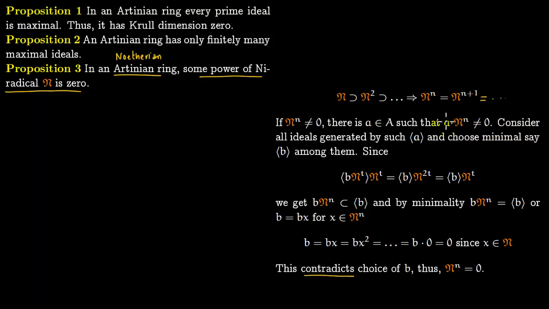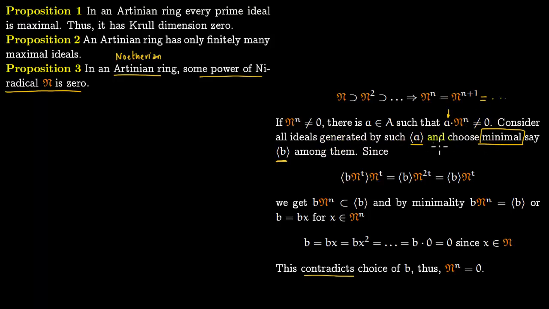Now we consider all the ideals generated by such elements a, and then we can choose a minimal ideal, precisely because we are working in an Artinian ring. So we choose a minimal element B, generated by a single element B, such that B times N to the n is not 0.